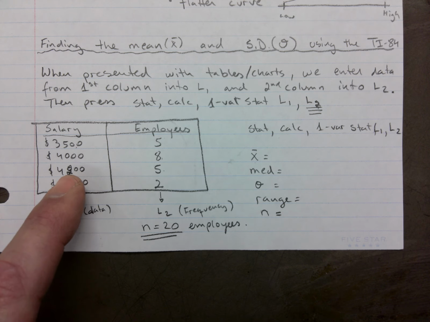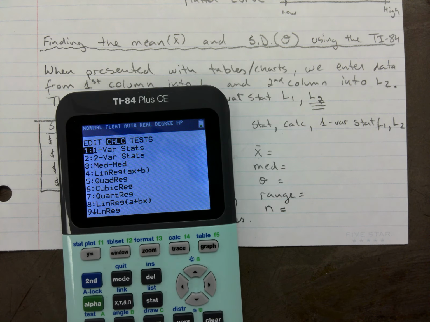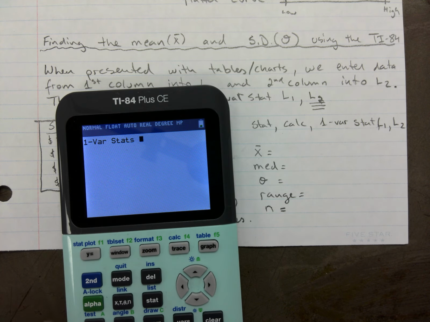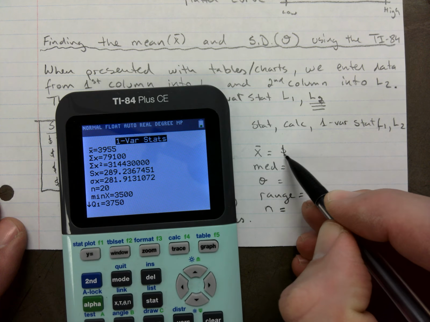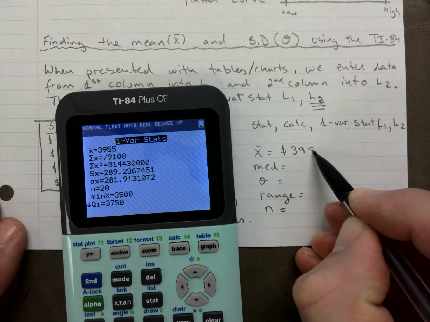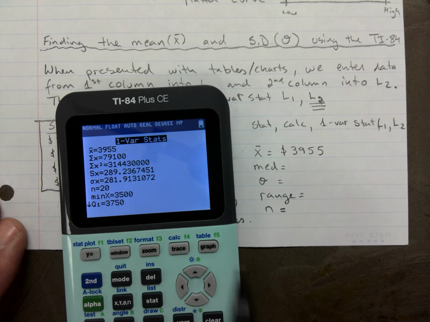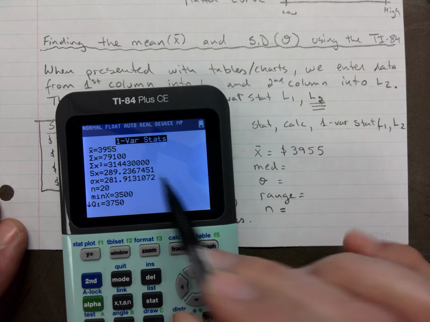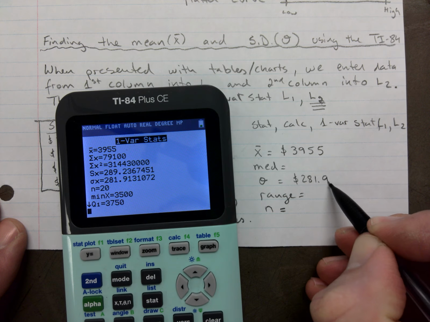So you've entered this into L1, that into L2. Let's go ahead and go stat, calc, one variable stat, L1, comma, L2. Hit enter, and there's your average. It's dollars, right? 3,950, sorry. I will write down my standard deviation. It's 281.91.